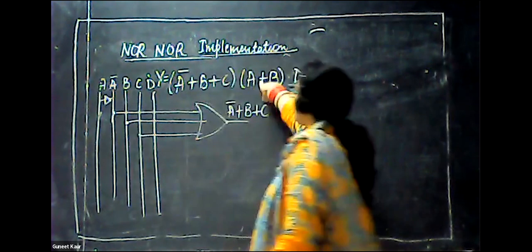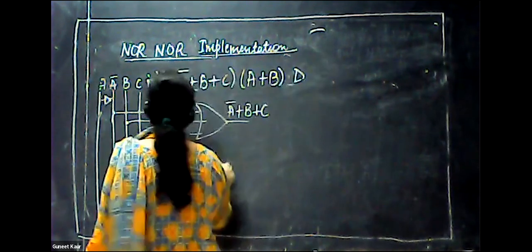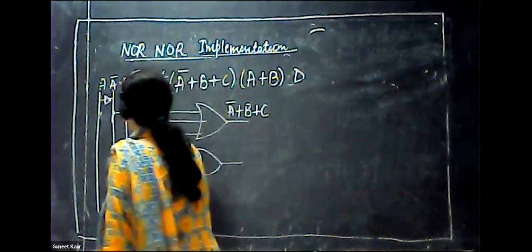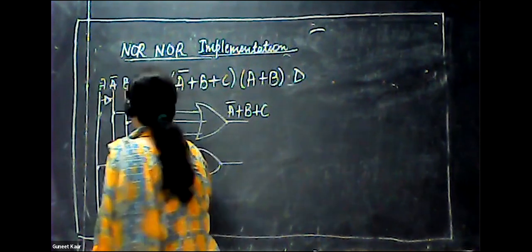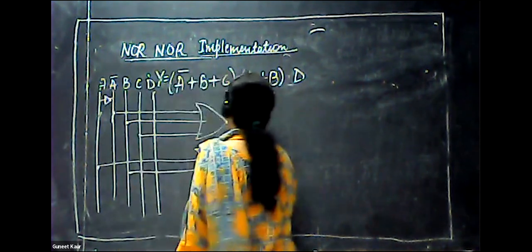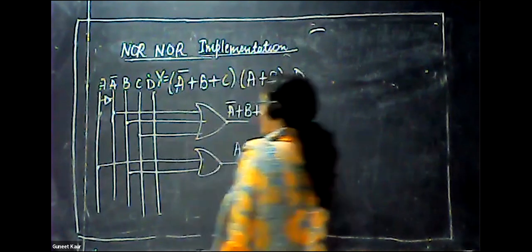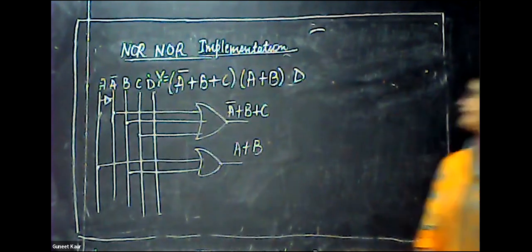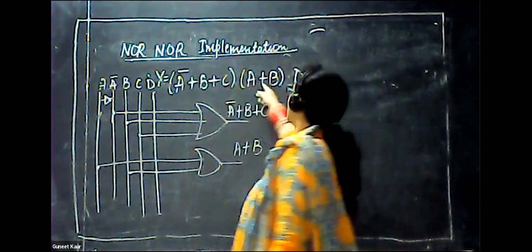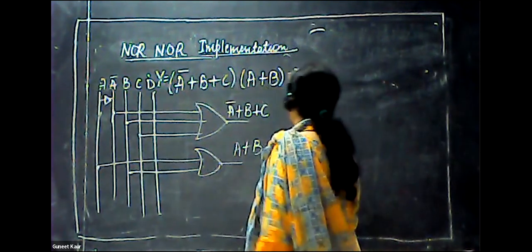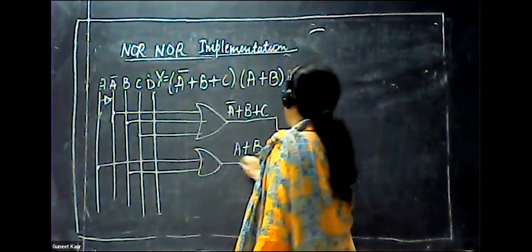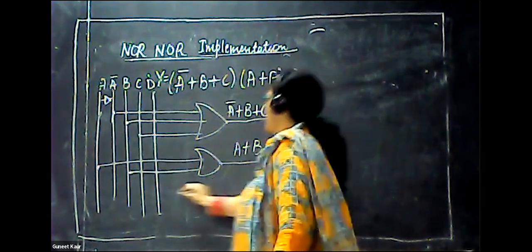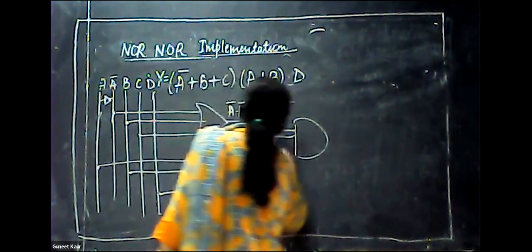Now the second OR gate will be A plus B. Simply I will attach A from here, B from here. This will give you A plus B. Now last is your D. Now you have to multiply the 3 terms, so you will give this, and D will also be given to this.